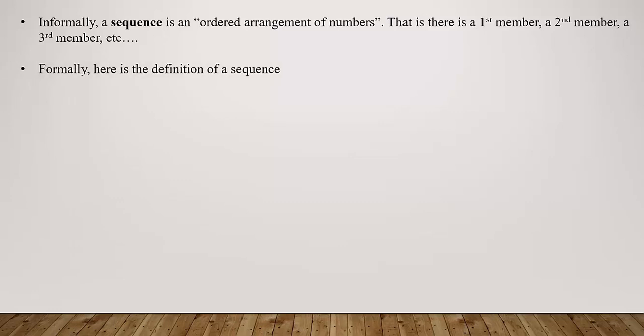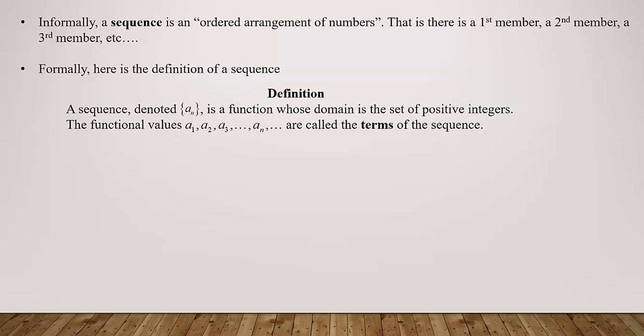But we quickly need to get under control what a formal definition of a sequence is. So here's my formal definition of a sequence. A sequence denoted, and for a while I'll use the set notation and put the a sub n inside set notation. But quickly I'll just stop leaving off the set notation.